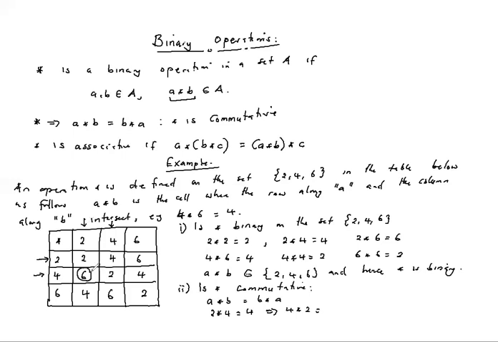So we get 6. So now, since 4 is not equal to 6, implying that 2 star 4 is not equal to 4 star 2, then star is not commutative.